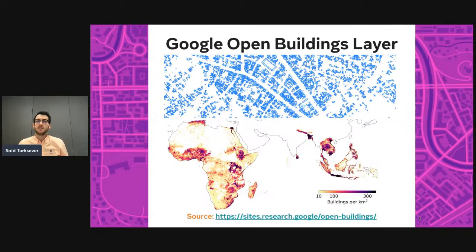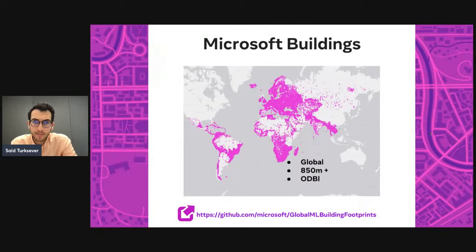We already discussed that we have different data sources. We have Microsoft imagery, the Google Open Buildings layer, and then you can see the distribution of buildings in Africa. And this is the distribution of Microsoft building data. It's like 850 million buildings with an ODbL license, which is ready to go to OpenStreetMap.